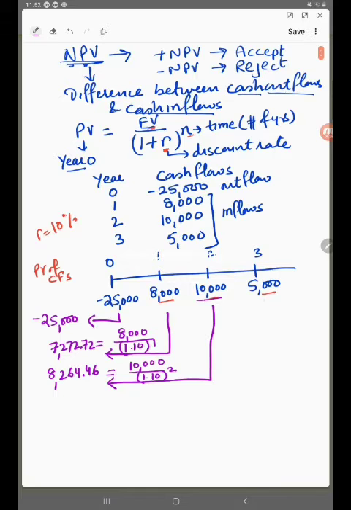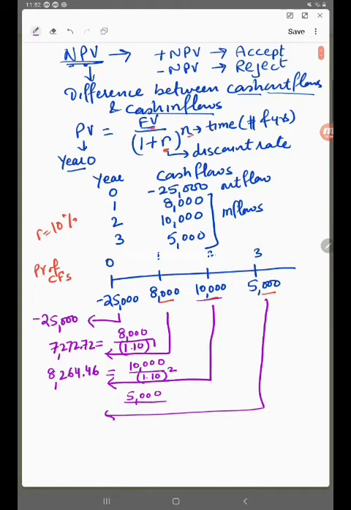And present value of 5,000. So time 0 to 1, 1 year, 2 years, 3 years. Future value is 5,000. What is the value of 5,000 today?